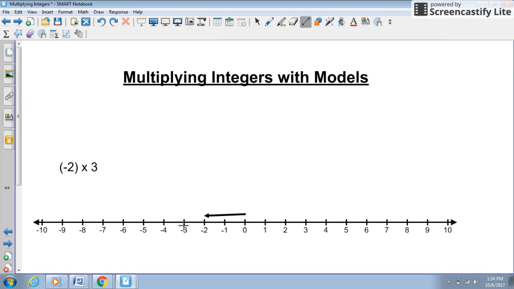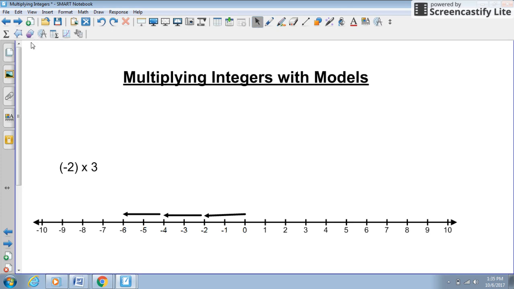Then I'm going to go another -2 down to -4. 2 groups. And now I have one more group. So 1, 2. Stopping at -6. So here I have modeled 3 groups of -2, which is -2 times 3, or 3 times -2, and we know that equals -6.